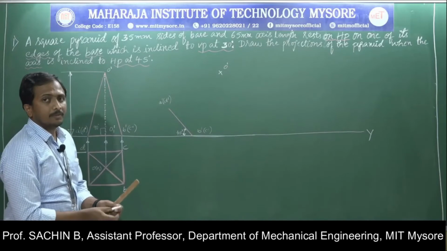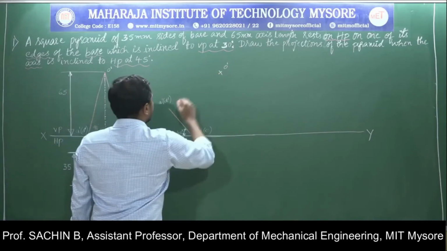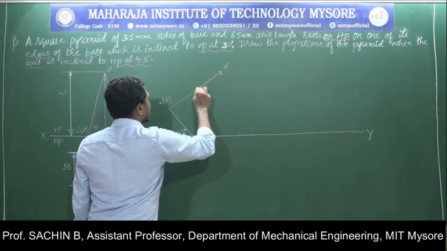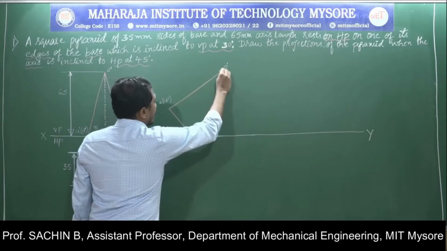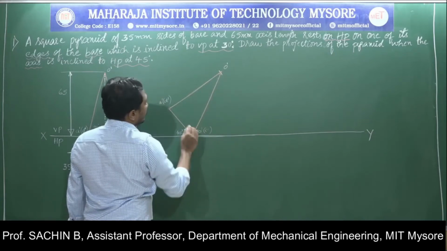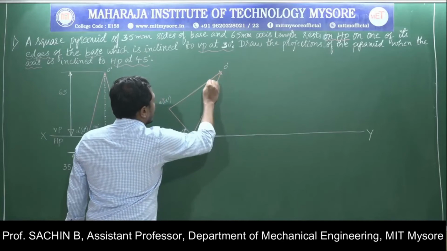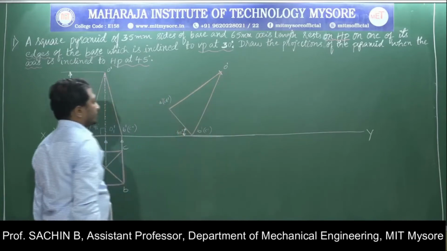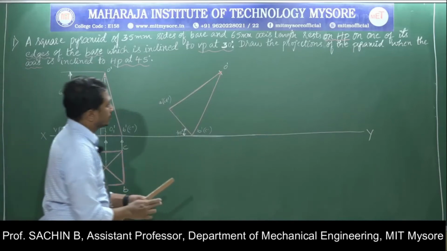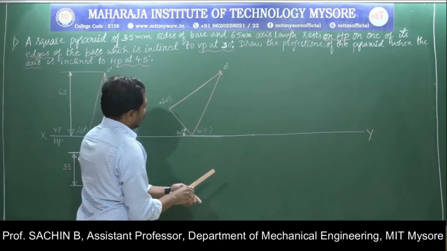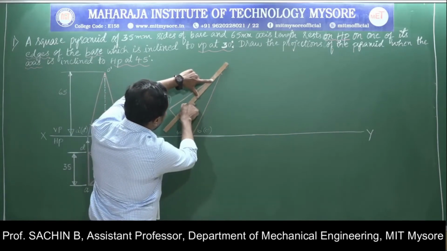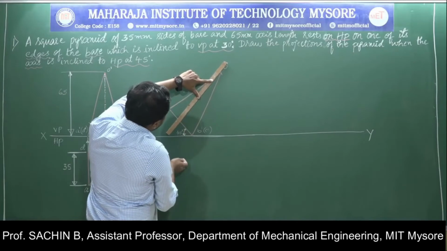Now it is very easy for me to draw the inclined line. After completion of this, the axis is required, so I generate that axis from the center of O dash exactly to the midpoint of the base.